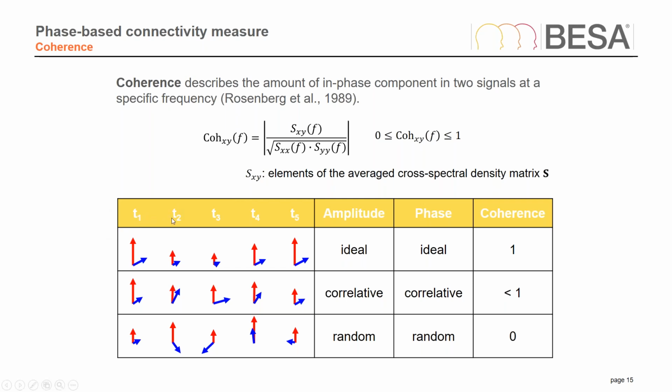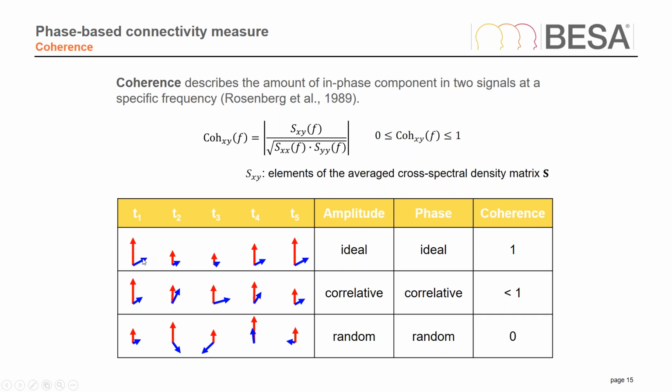So we can see 5 example trials, trial 1, 2, 3, 4, 5. And here plotted is the amplitude of channel X and Y, symbolized by the length of the arrow, and the phase angle between them at the different trials, indicated by the angle between the two.